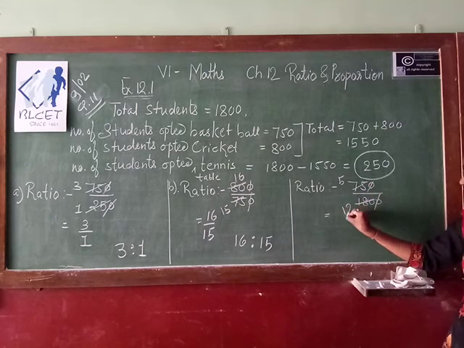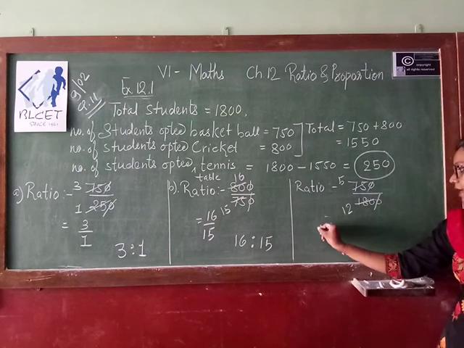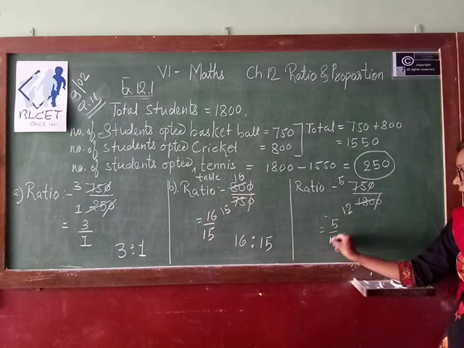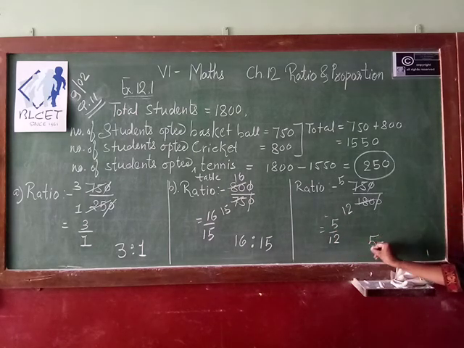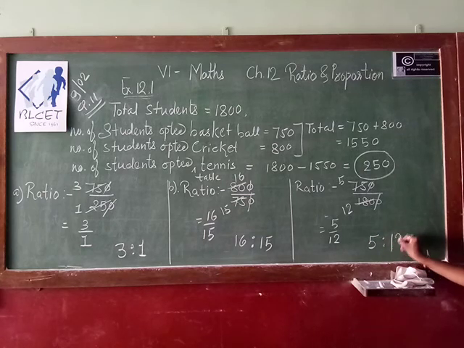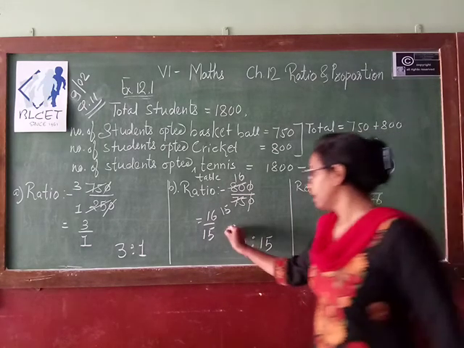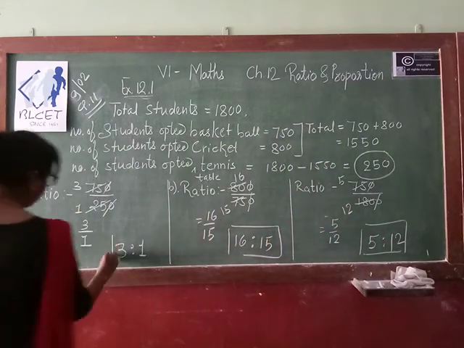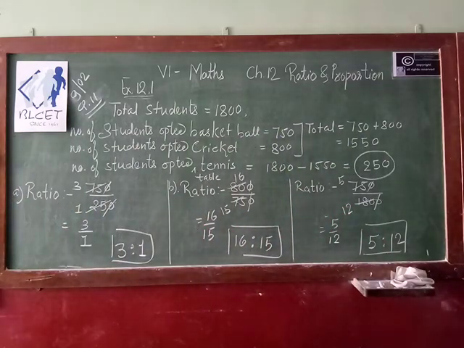So what is the answer here? 5 divided by 12. So what is the ratio? 5 is to 12. So this way we can find the ratio for part A, B and C. So this is all about question number 11. Next we will see question number 12.